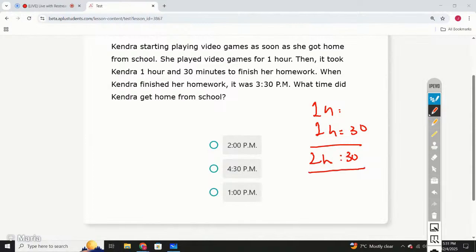So, playing the game and doing homework, the total time duration is 2 hours 30 minutes. So she finished by 3:30.